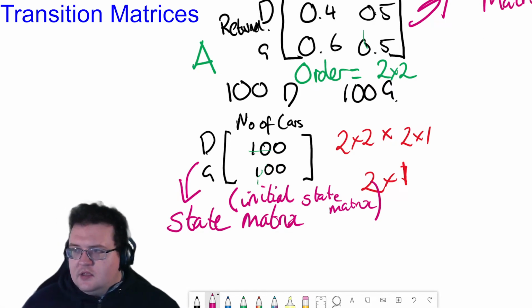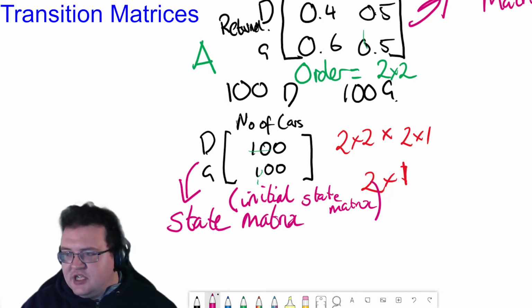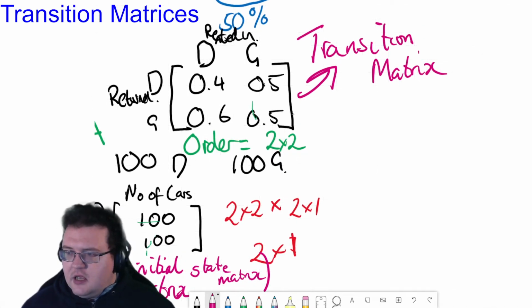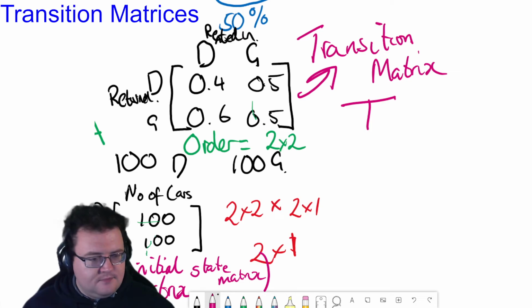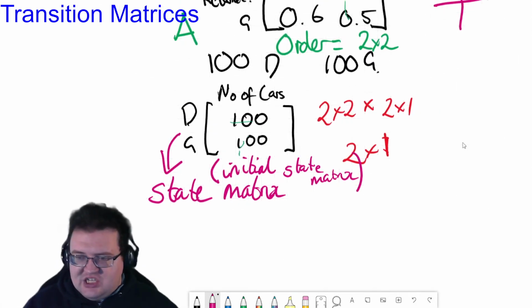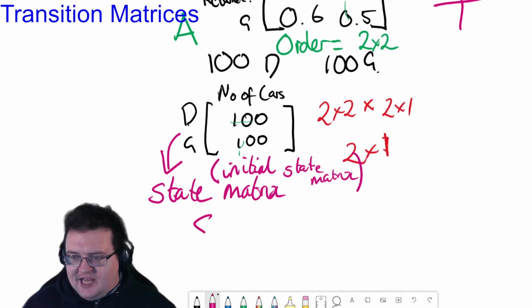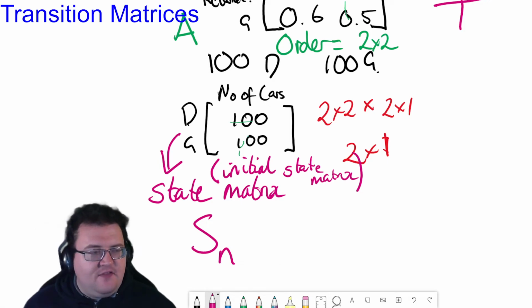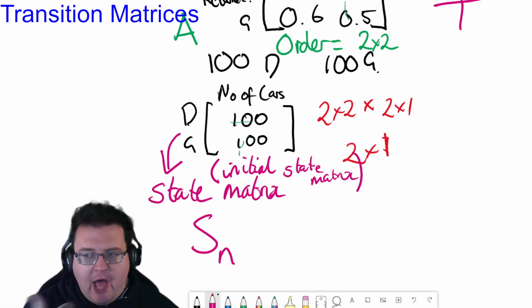Now, the transition matrix is generally labeled as being T, and a state matrix is generally labeled as being S, where there's a little number down the bottom there that represents the number of times a particular state has been calculated.